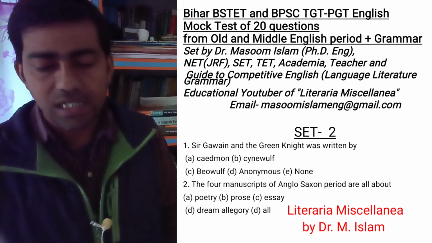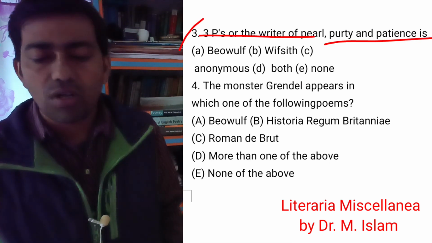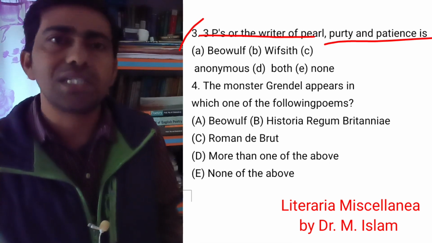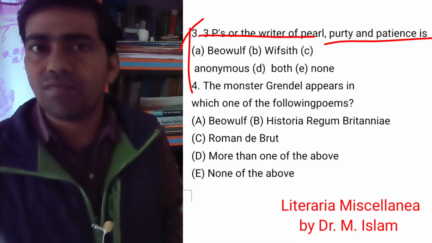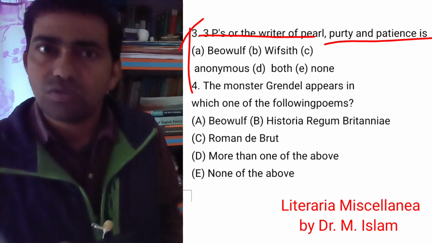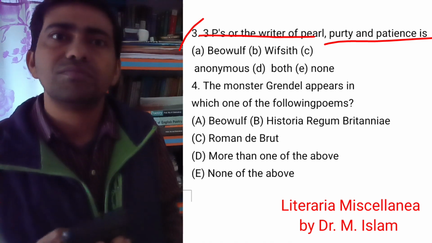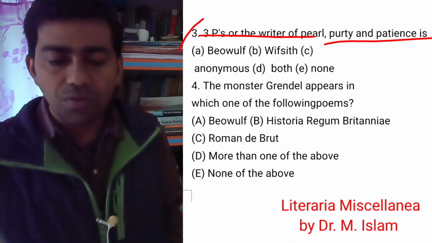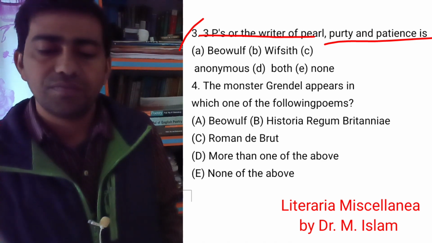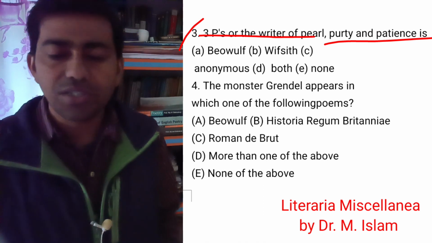Question 3: the writer of Pearl, Purity and Patience, these texts are very famous in respect to metrical composition and religious indication. So this writer of the 3 P's: Beowulf, Whitsitt, Anonymous, both, none.